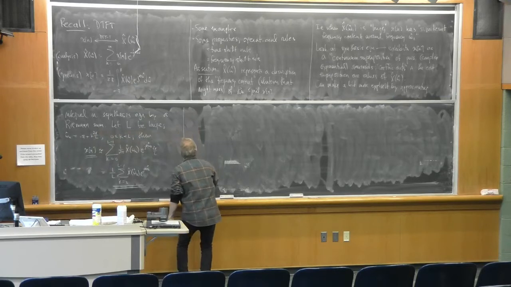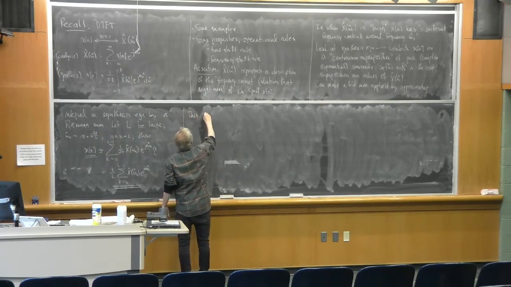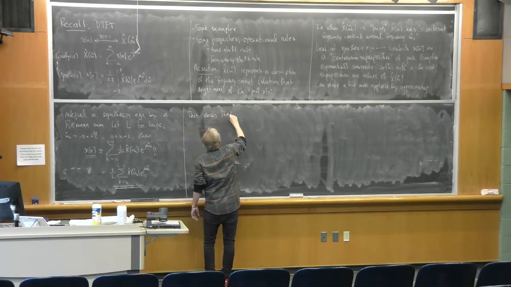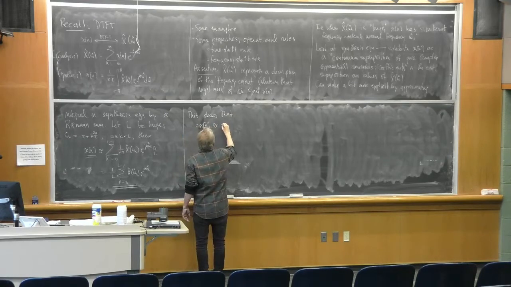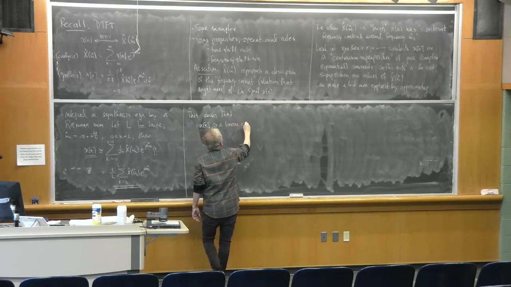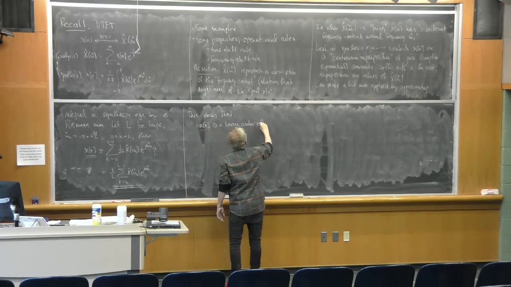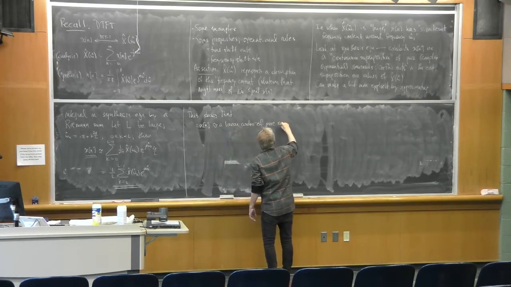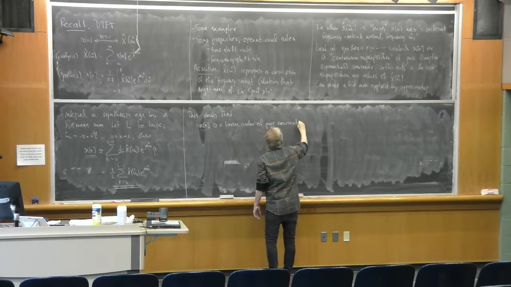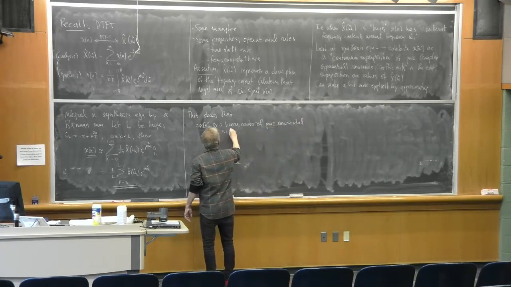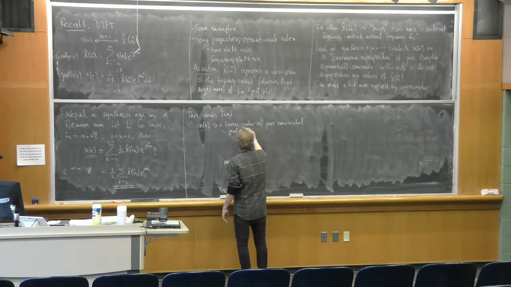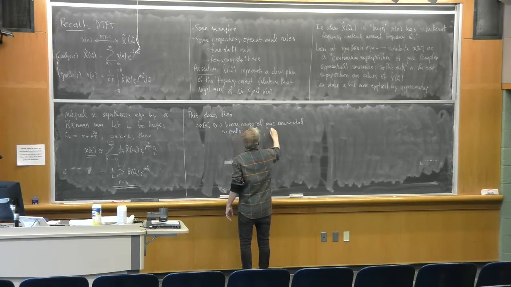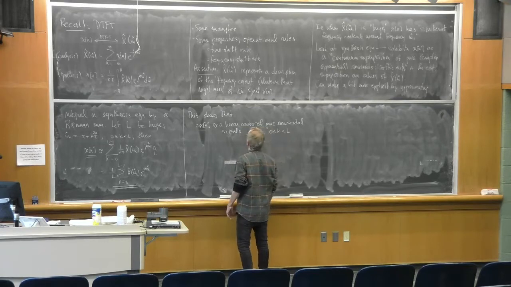So this shows that, first of all, x of n is approximately equal to a linear combo of pure sinusoidal signals. And what are those pure sinusoidal signals? They're e to the j n omega hat k, as k runs from 0 through L minus 1.